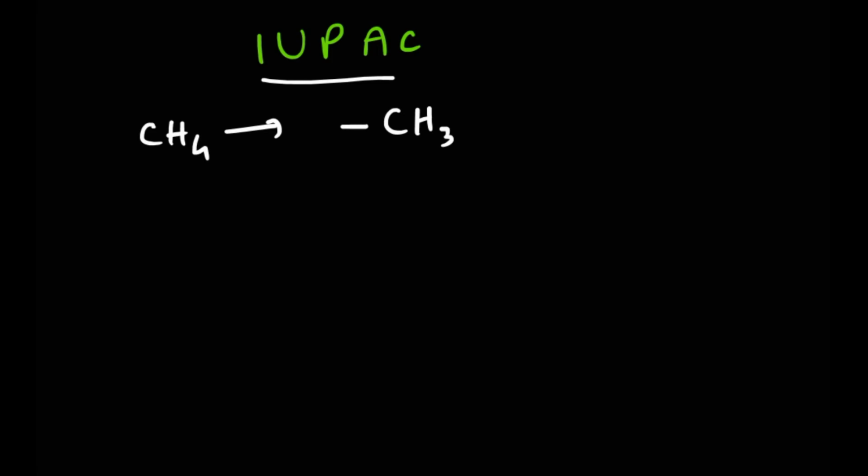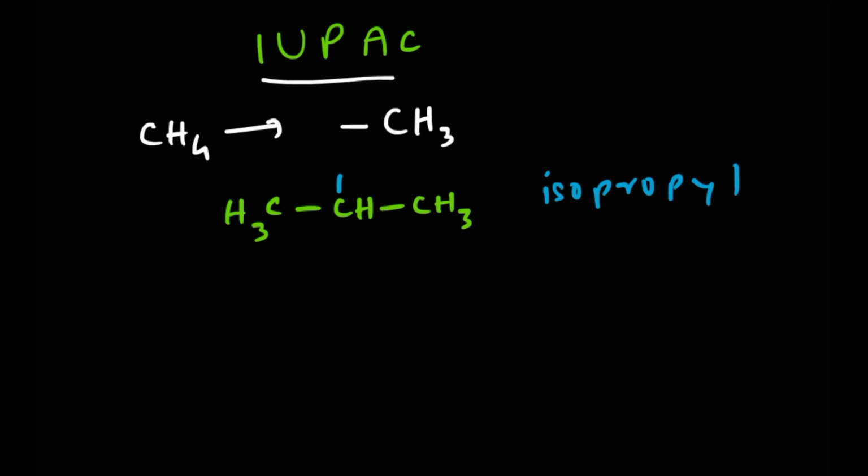And if from propane, this group comes, and if it is attached to the parent chain, then it is known as an isopropyl group. This is coming from propane. And if it comes from butane, n-butane, then there are many options.